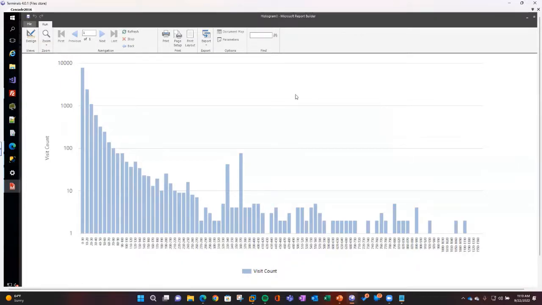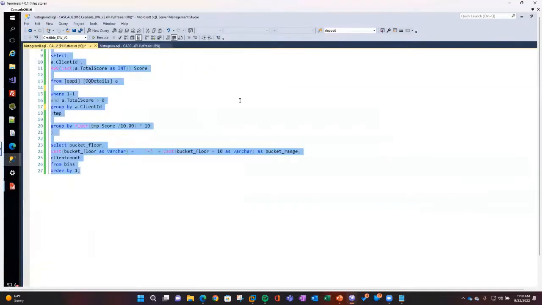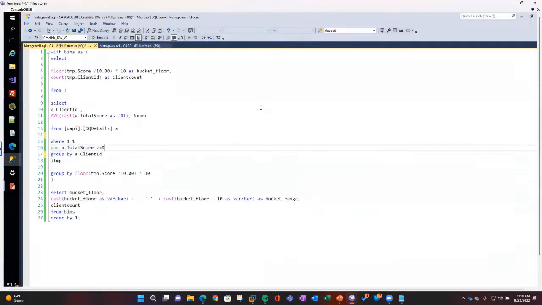So not completely random, but we may want to look at a little bit different kind of data, one that's probably going to have a little bit better distribution to it. And this is going to be assessment data. We're going to take that same query, build our common table expression here, and then put that into buckets.